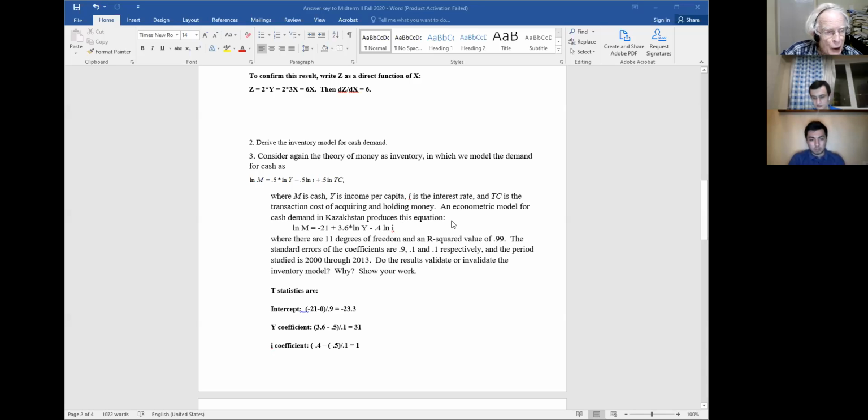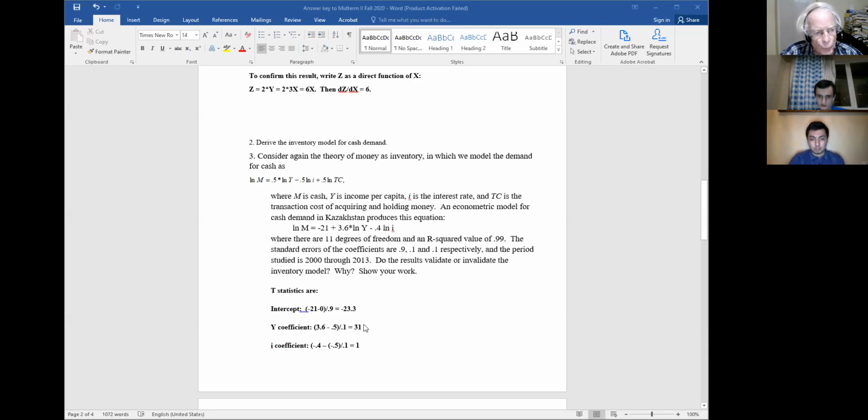And then the standard error of the income coefficient is 0.1. So that is in the denominator of the t-statistic. So in this case, the t-statistic is 31.